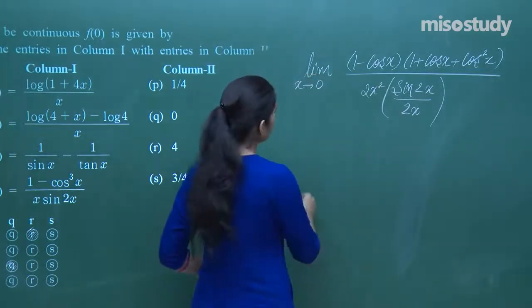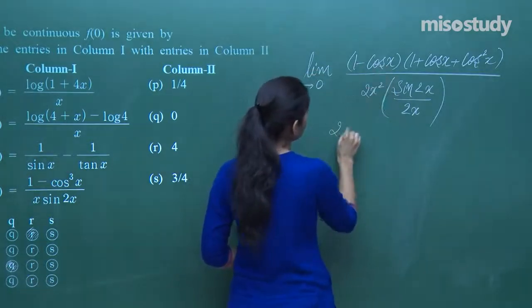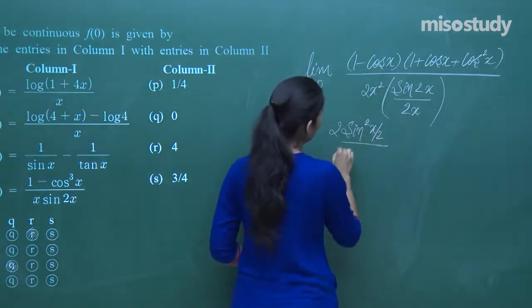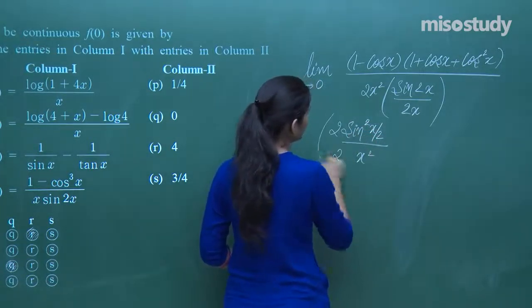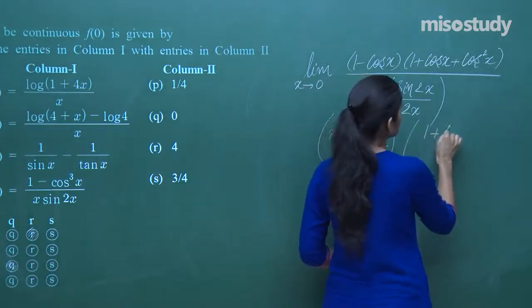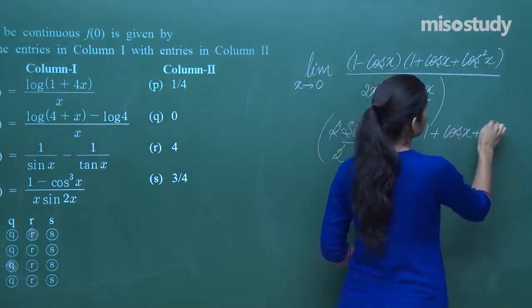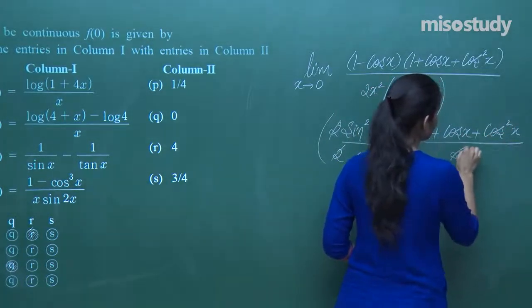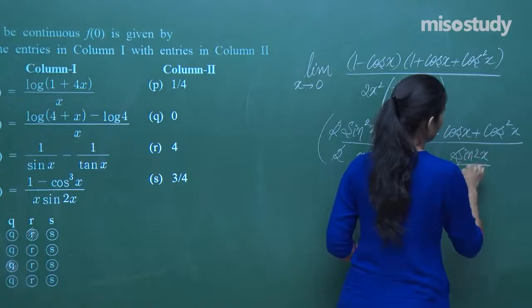Right? So now you have 1 minus cos 2x, that is 2 sin square x by 2, whole upon 2x square. This gets cancelled out. Then you have 1 plus cos x plus cos square x whole upon sin 2x by 2x.